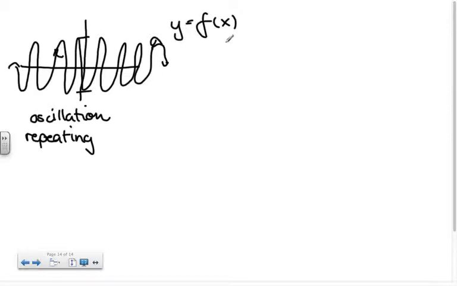So when it's oscillating, I say the limit as x approaches c of f of x does not exist. And why do I say that? Because we don't know exactly where it is going. It approaches two different numbers, and because we don't know exactly where it is, we say it does not exist. Everybody gets it?